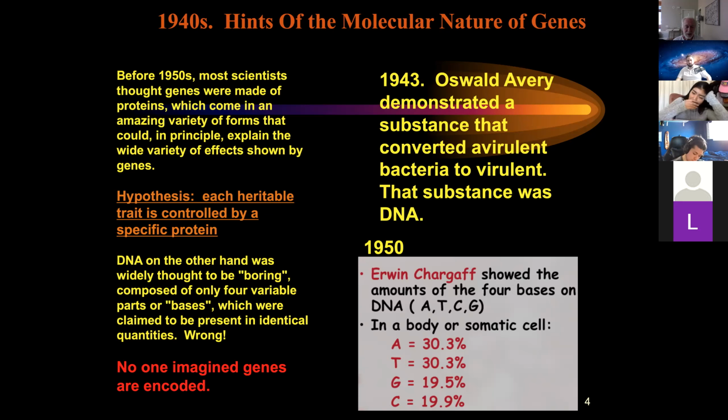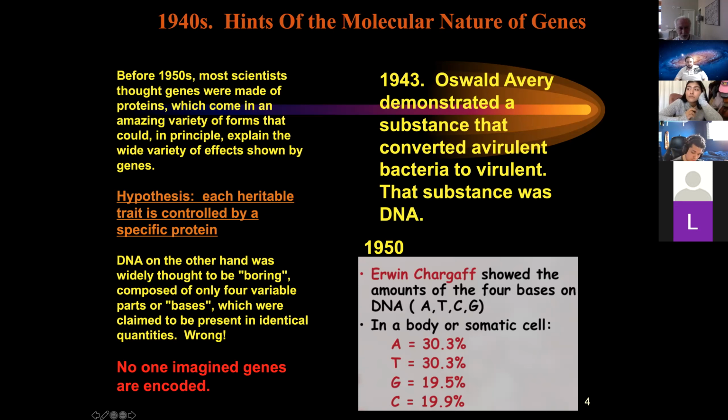So the hypothesis was that each heritable trait is controlled by a specific protein. And a huge amount of effort was made trying to prove that was true, and of course it never was.